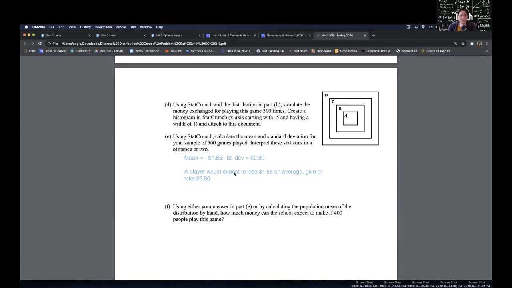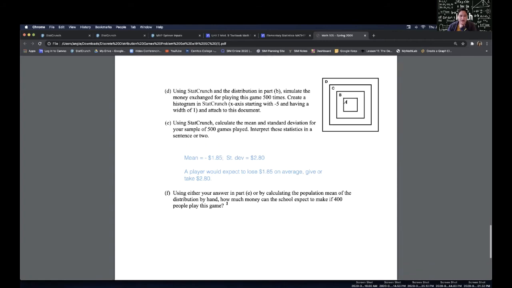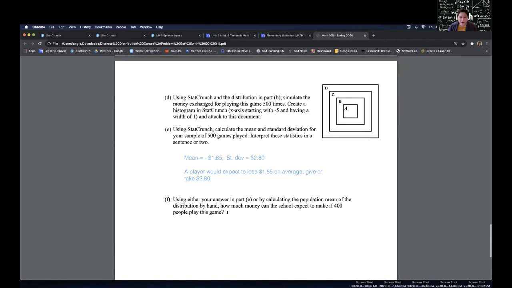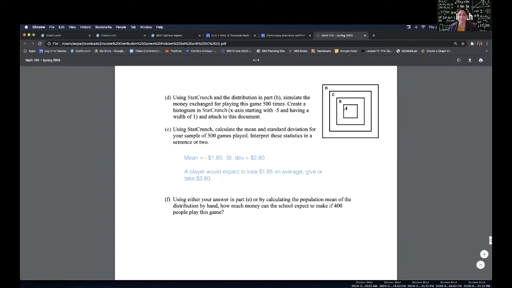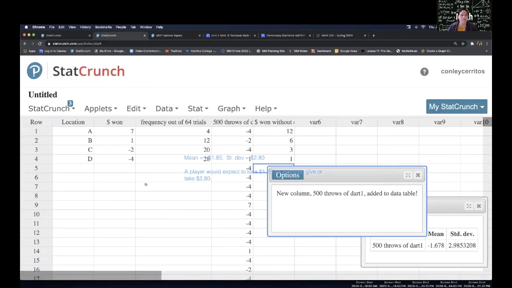Okay, so we're good there. So that's how much. And now we could also calculate the mean by hand, right? Because the mean is adding everything up and dividing by how many you see, right? So technically, I'm going to clear my annotations just because they're annoying. So I can win $7.